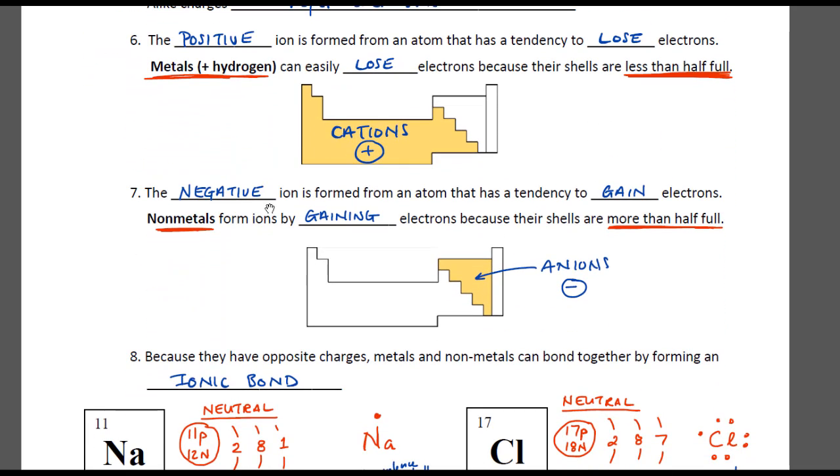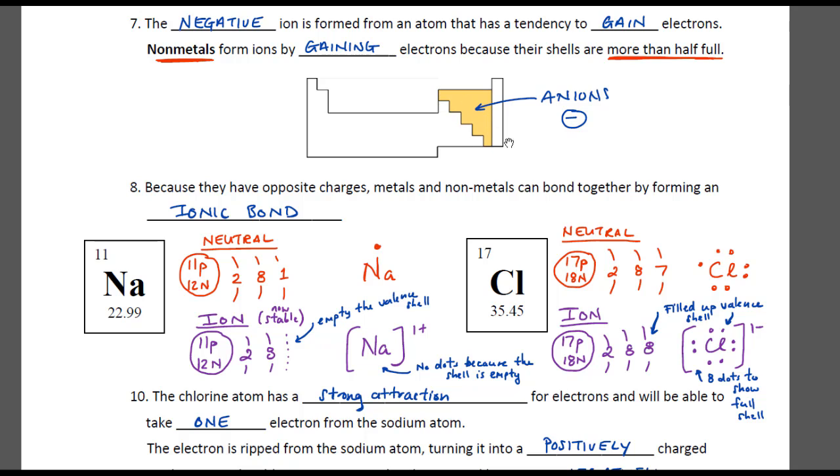If it's a negative ion, it's formed from an atom that has a tendency to gain electrons. Nonmetals form ions by gaining electrons because their shells are more than half full. They have 4, 5, 6, or 7 electrons in their outside shell. They just have to top up their shells. Because they have opposite charges, metals and nonmetals can bond together, forming an ionic bond, a bond between ions.